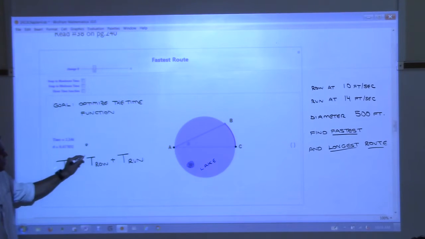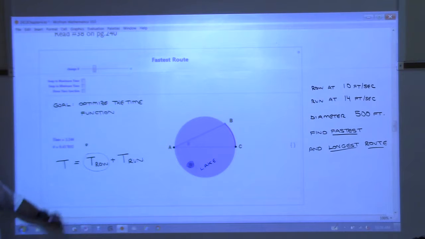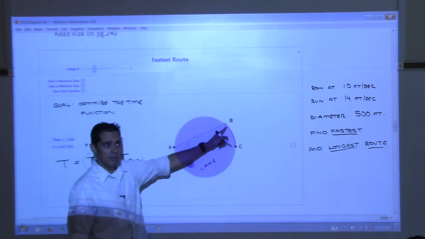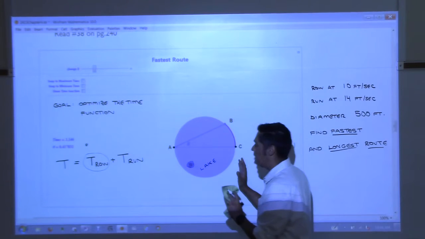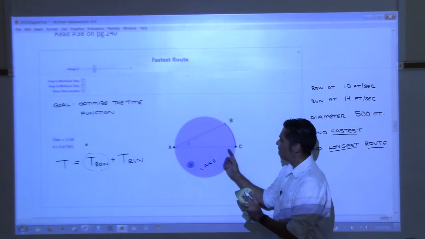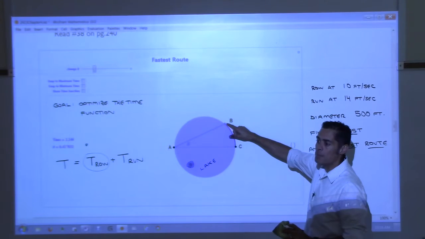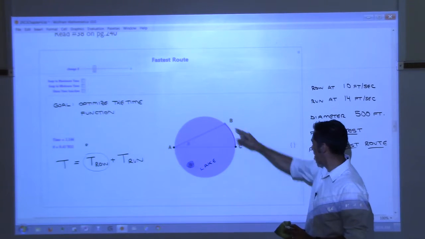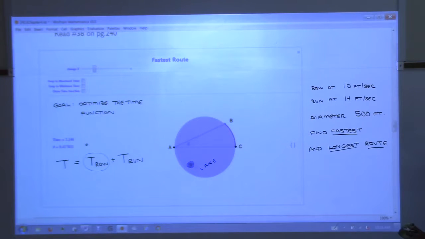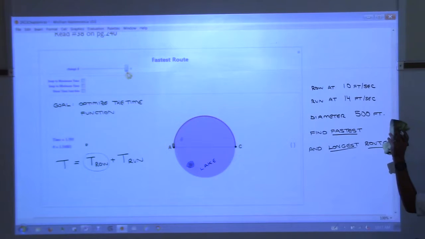So how about the time it takes to row? That's from A to B, right? Notice how I've broken up this path, right? I've said, look, I'm gonna go from point A and I'm gonna aim to a point B on the other side of the lake. That point B might turn out to be C, but it might also turn out to be kind of A. It's almost like straight up, right?